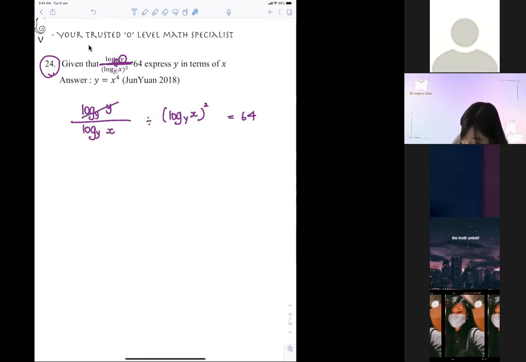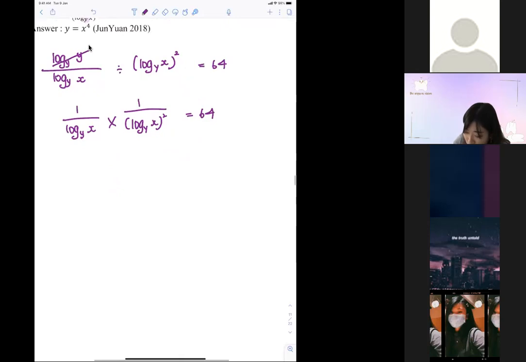Divide, you can change to times. So 1 over log y x times 1 over log y x, whole thing squared, is equal to 64. Slowly do, okay? Top times top, bottom times bottom.